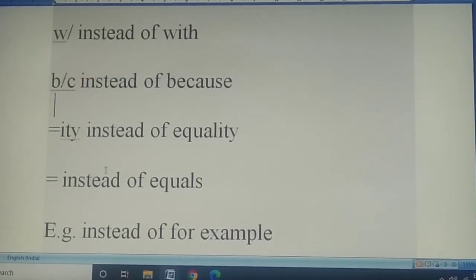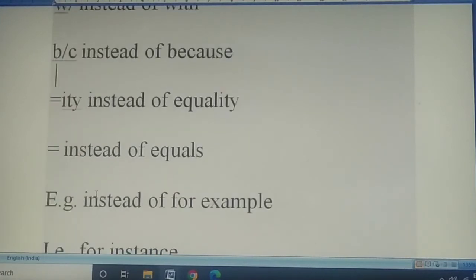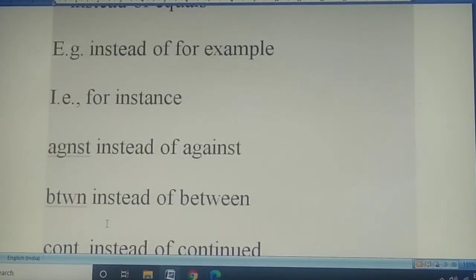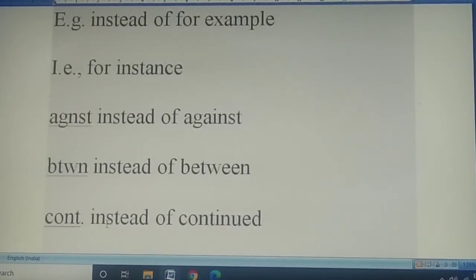Then equal to ITY instead of equality. You must be writing this in maths, isn't it? Equals, very common in maths. Equal to, we say. Example, EG. IE, for instance. These are universal symbols. Everywhere it is used like that.